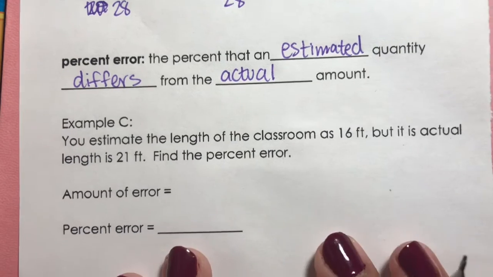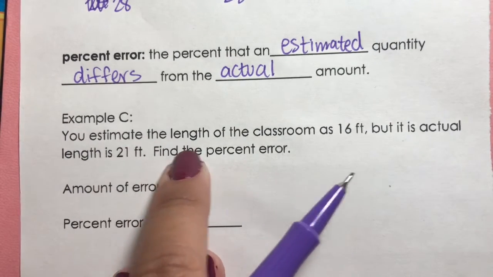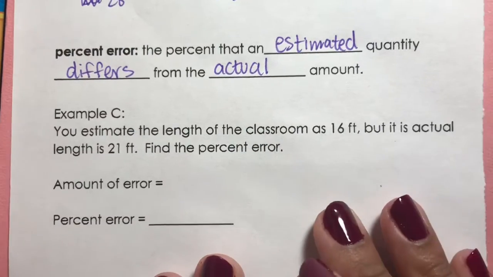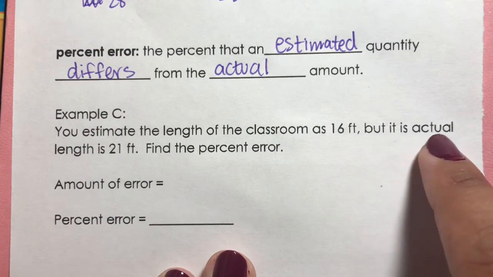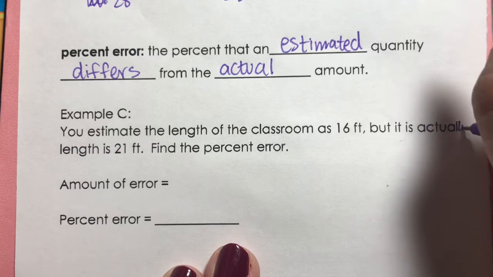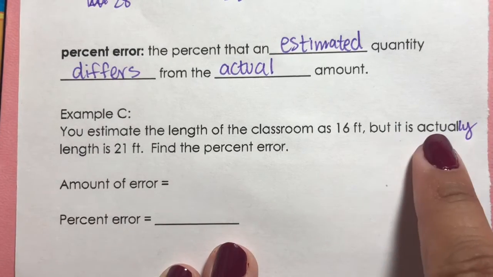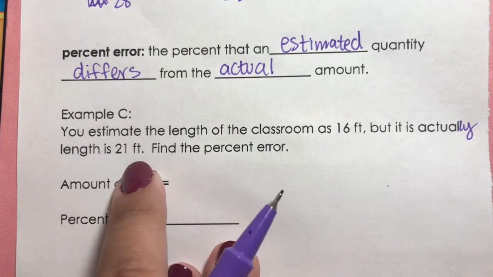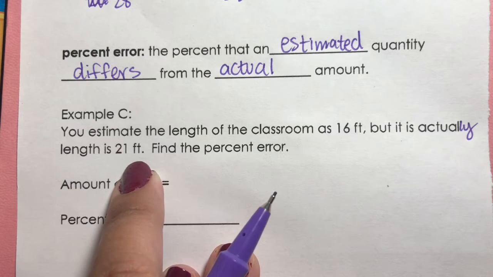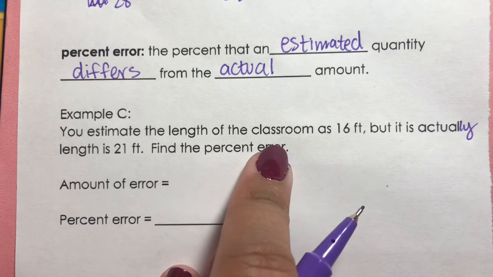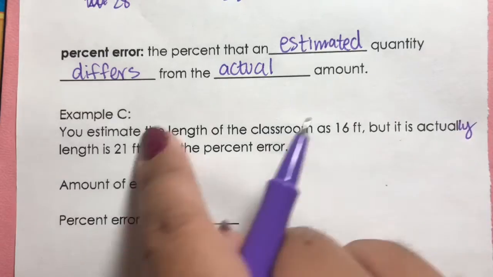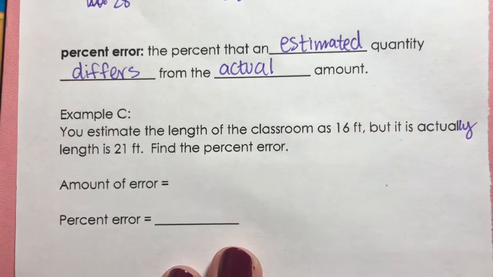Okay, so for example C, you estimate the length of the classroom as 16 feet, but its actual length is 21 feet. So find the percent error. And I apologize for all the errors in this paper. I'm going to correct it before I give it to you, so you won't see all these errors.